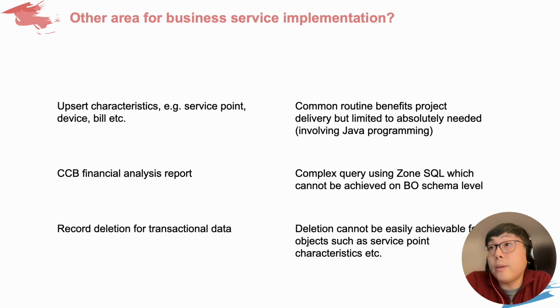In that case, you don't have to change the build schema because you don't know how many characteristics will be required. The business service becomes a generic routine as long as you pass in the right characteristic code.